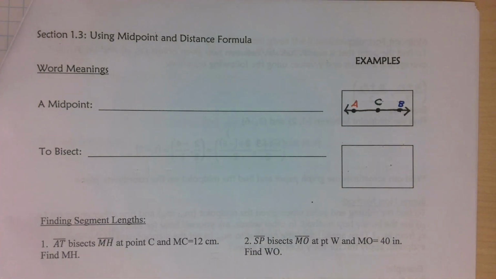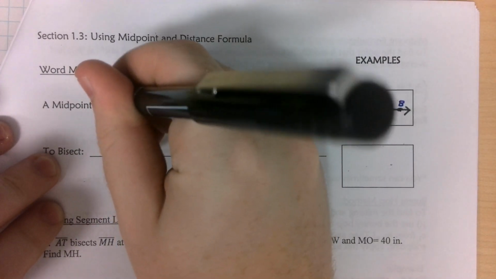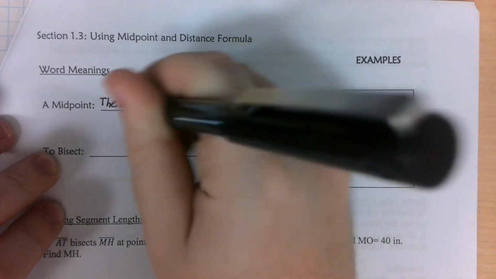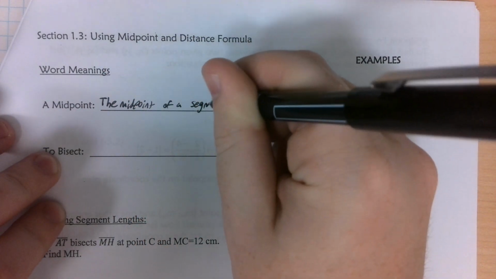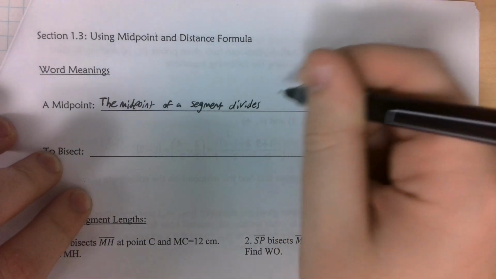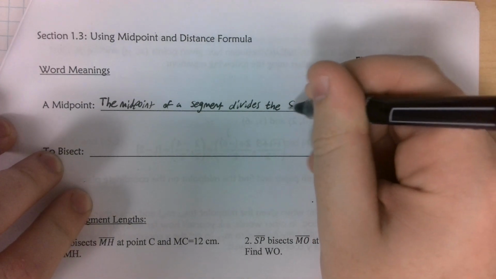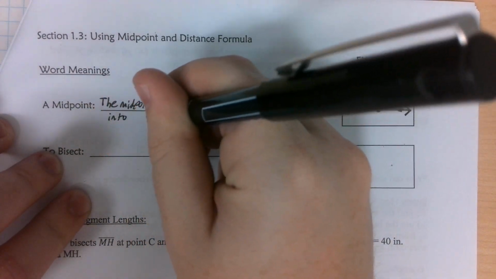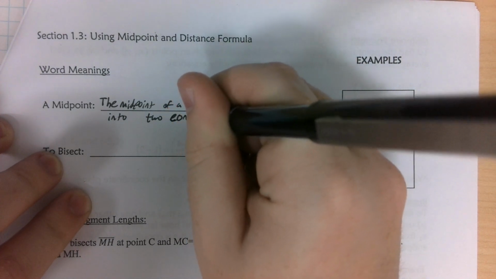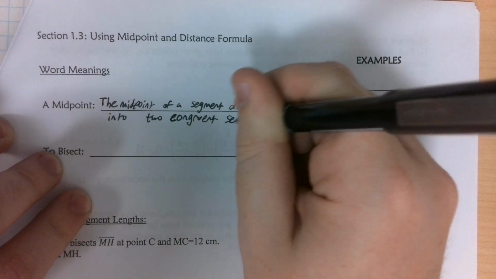The midpoint of a segment is the point that divides the segment into two congruent pieces. So the midpoint of a segment divides the segment into two congruent, I almost said equal, congruent segments.